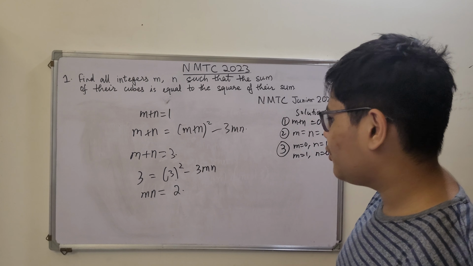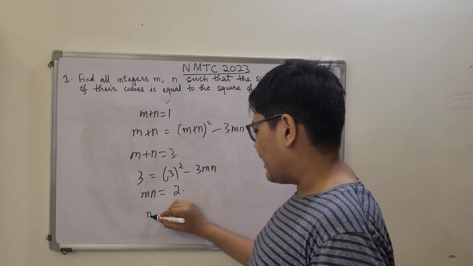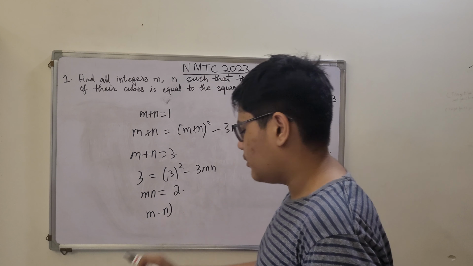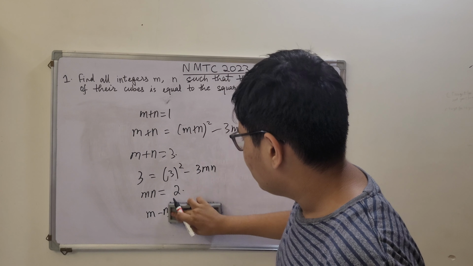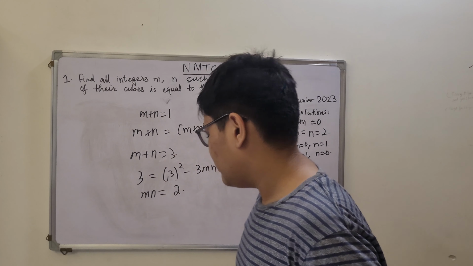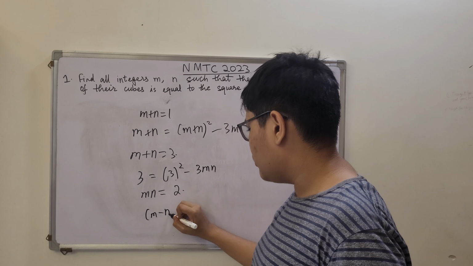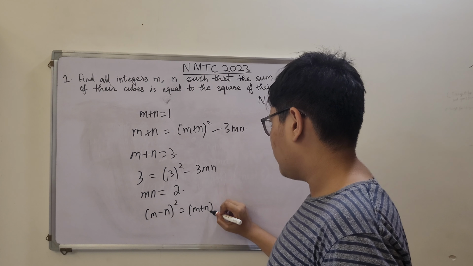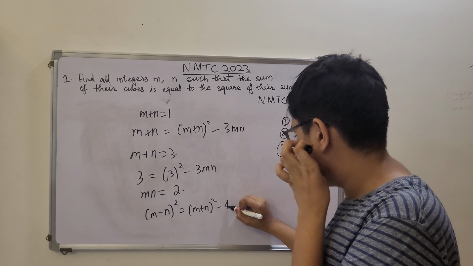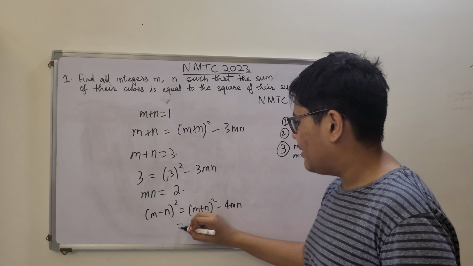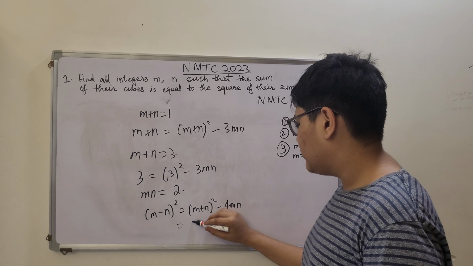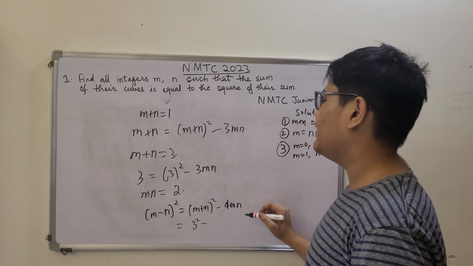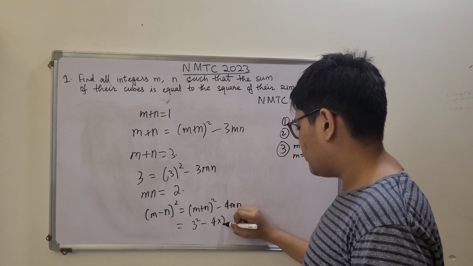A very easy way to do that is to find the value of m minus n. We know the identity that m minus n whole squared equals m plus n whole squared minus 4mn. And m plus n whole squared is nothing but 3 squared, and 4mn is 4 times 2.